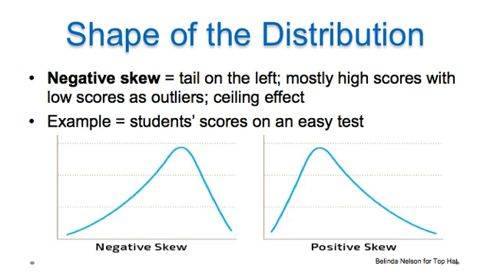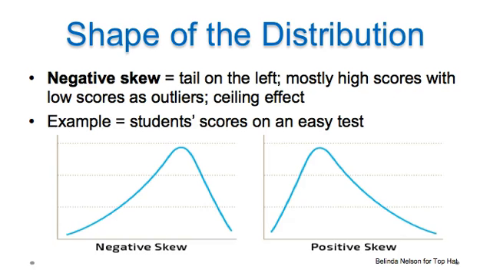So examples of distributions that are left skewed or have a negative skew would be students' scores on an easy test, where most students earned high scores and a few got low scores.